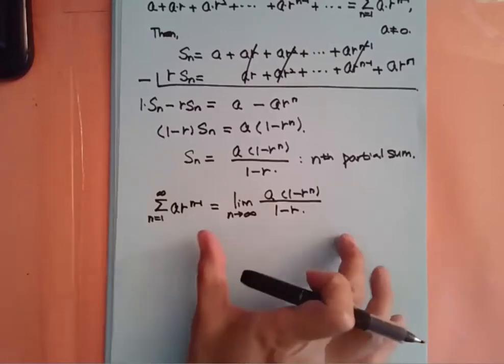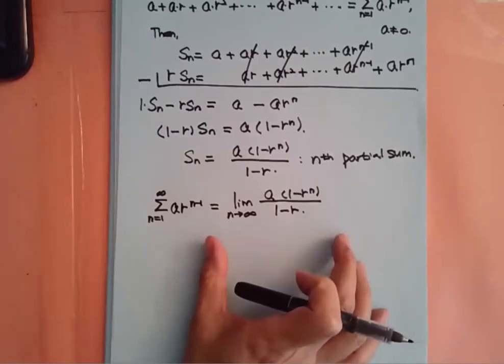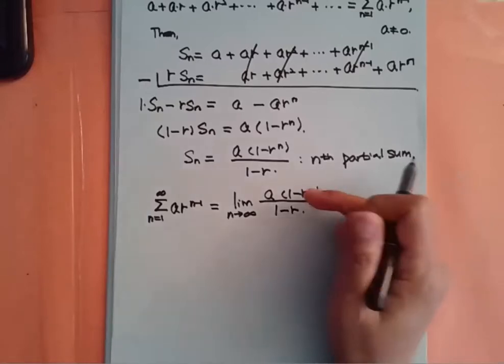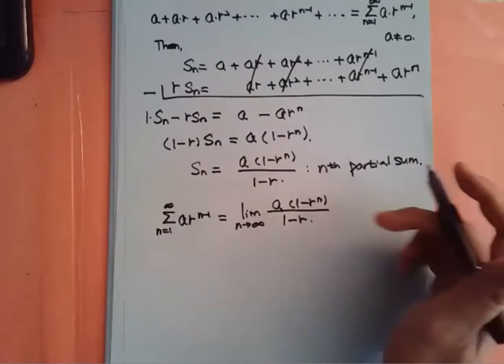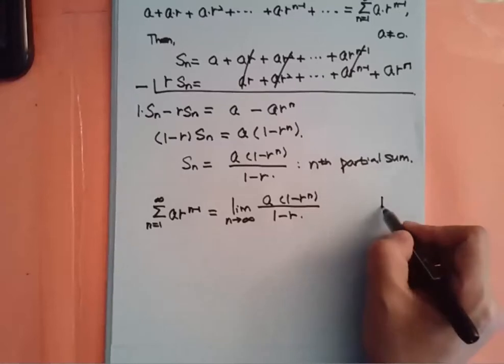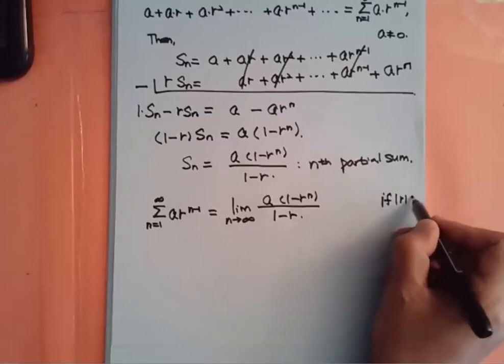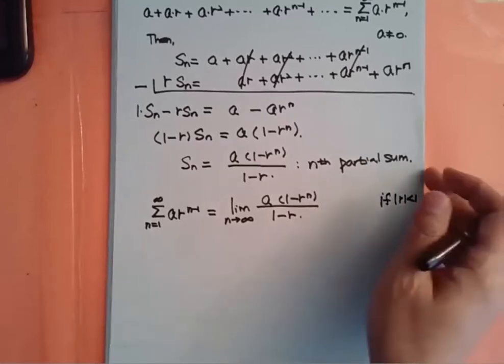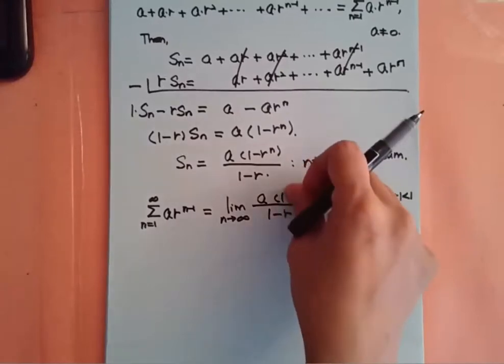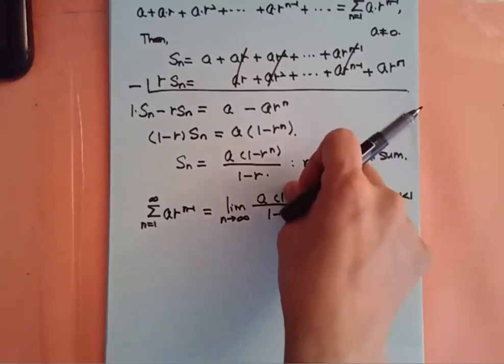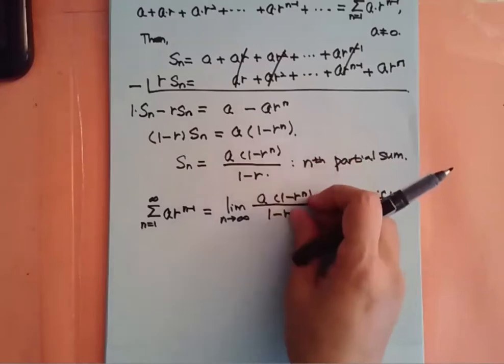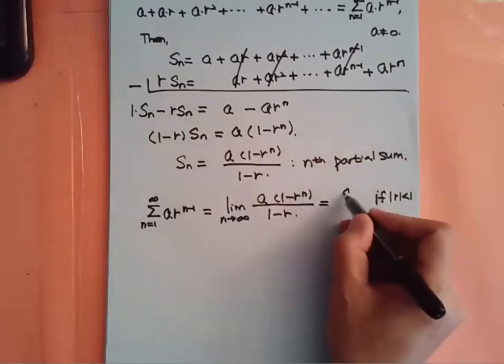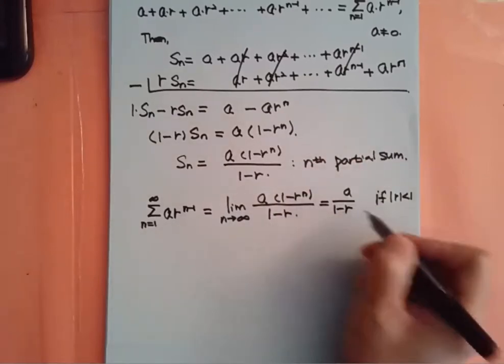From here, what we notice is that when the absolute value of r is less than 1, then r to the n power goes to 0, right? And the other terms are fixed, so we end up getting a over 1 minus r.